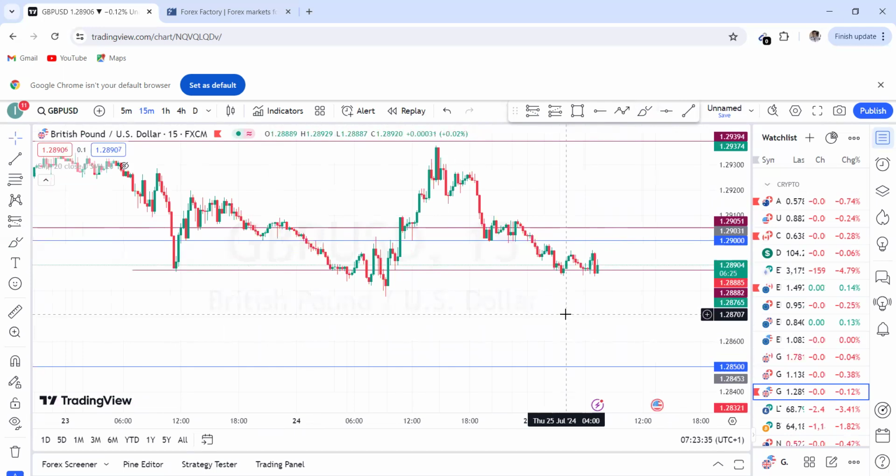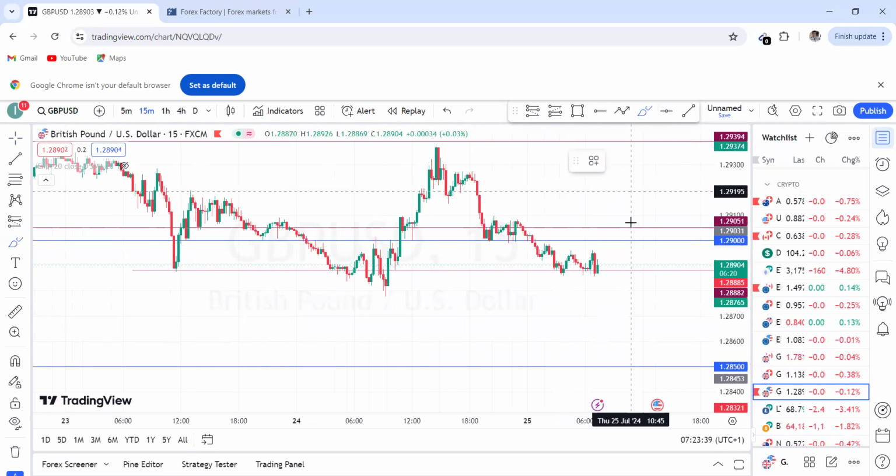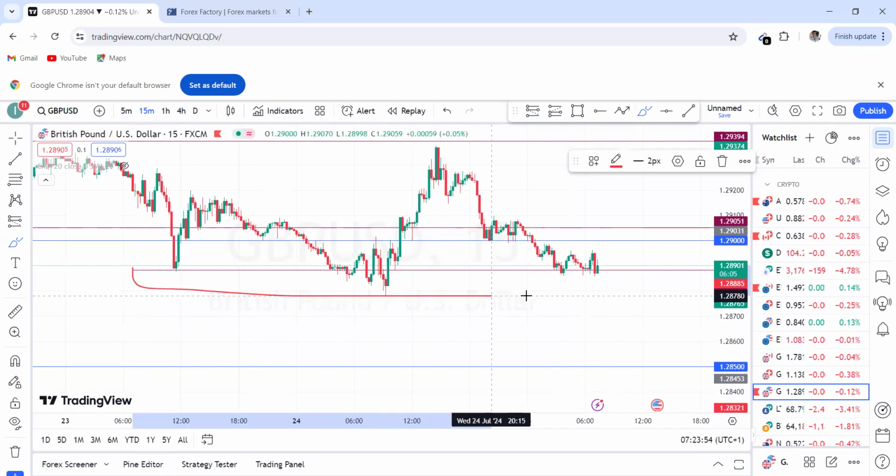My interest is on it, but not as high as before because of this whole movement to the upside. It might want to get on a range and then from this range continue its movement to the upside. But look at what I'm expecting here: since this level is holding, this level right here is holding, I'm expecting this market to come out fully from this area here, crossing the last low here.